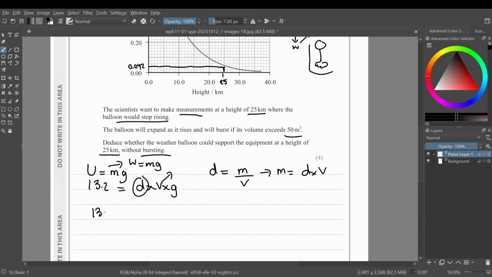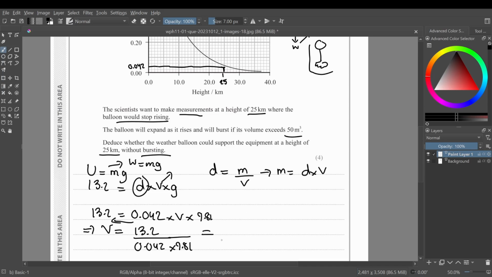Yep, so 13.2 is equal to 0.042 times the volume, and we have gravity, which is 9.81, right? So if we divide, which is 13.2 by 0.042 times 9.81, right? We divide these two values with this, basically.